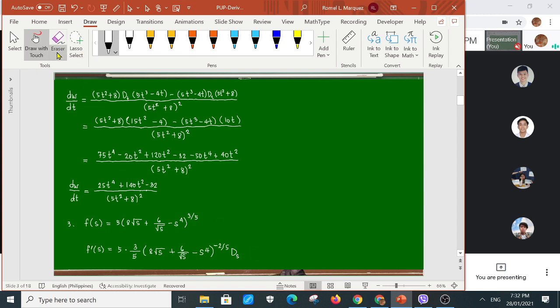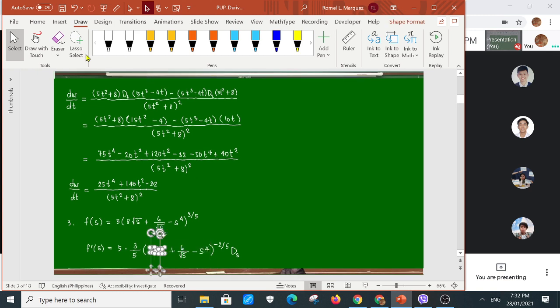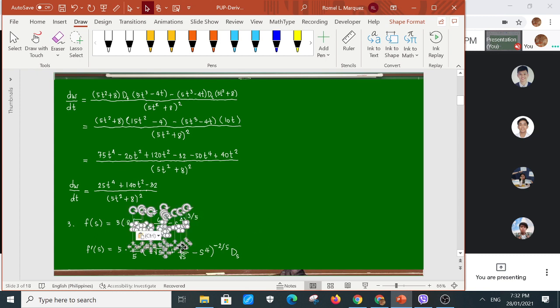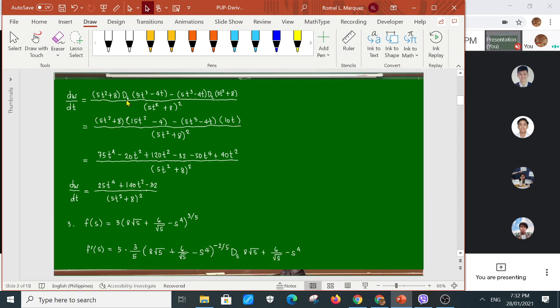Let me copy the inside para it will not be, yan. Copy the inside. Yan. Dapat pala kinopya pa rin parenthesis. So we now have enclosed.